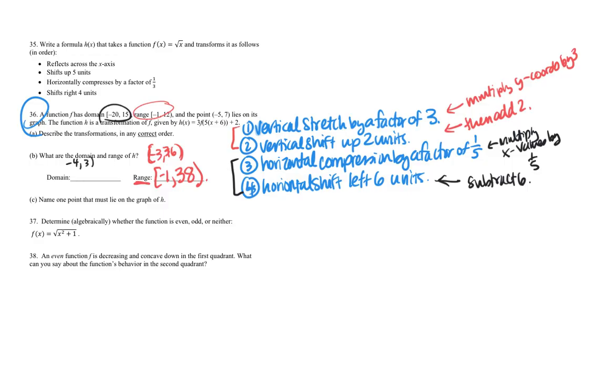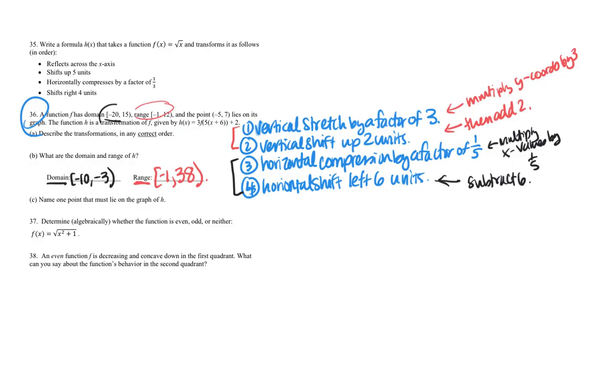Is that a bracket or parentheses? Oh, it's a parentheses, okay. And then I'm going to subtract 6 from both of those. So I'll get negative 10. 3 minus 6 is negative 3. Okay, so that's my new domain.